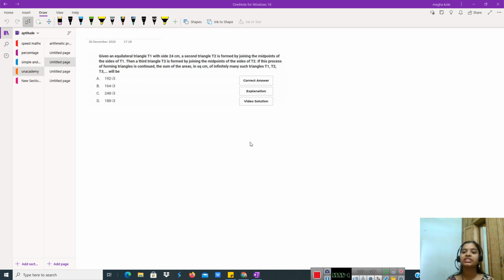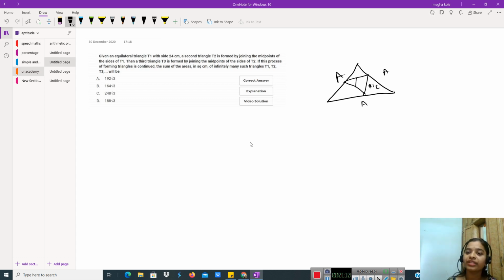Okay, so what is given is an equilateral triangle. So this is an equilateral triangle with side a. This will have three sides of a. If we join their midpoints, then the side will be a by 2. So the next triangle will be formed with side a by 2.